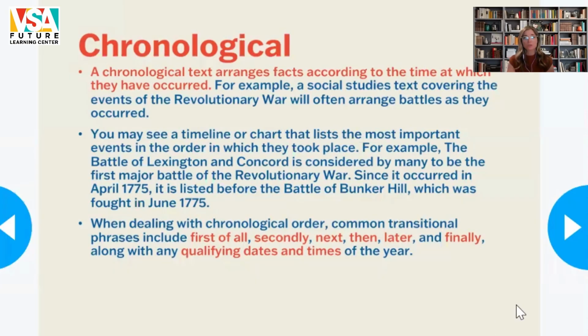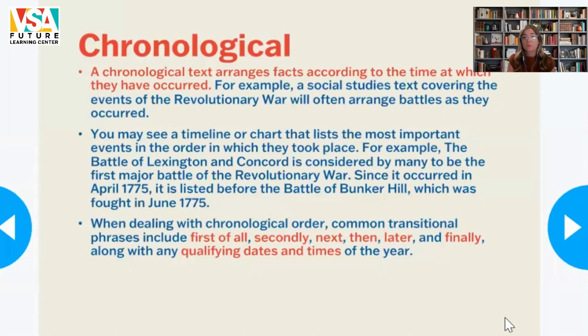When dealing with chronological order, common transitional phrases include first of all, secondly, next, then, later, and finally, along with any qualifying dates and times of the year. So those transition words are going to be clues that you can look for in a text to determine whether or not it is a chronological structure.